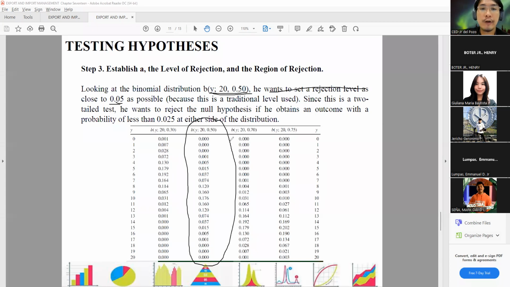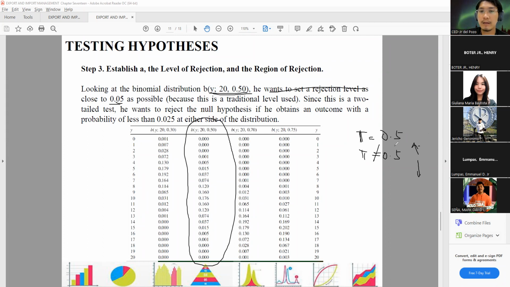0.05. However, kung mapapansin natin, ang ginamit natin na alternative hypothesis is not equal. Ang null hypothesis natin is 0.5. Ang alternative hypothesis natin is not equal to 0.5. Meaning, it is either 0.5 pababa or 0.5 pataas.